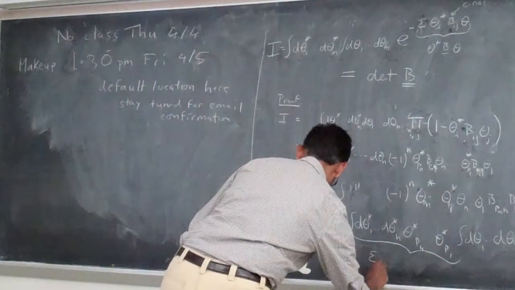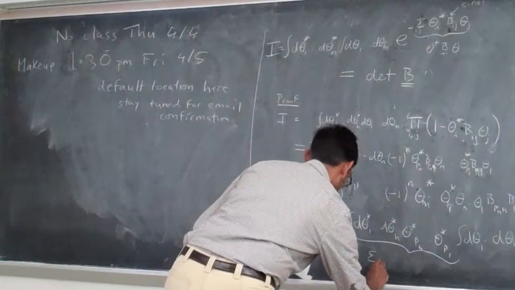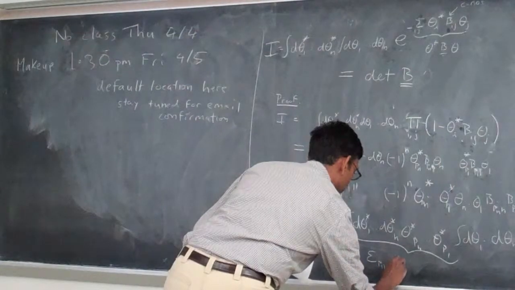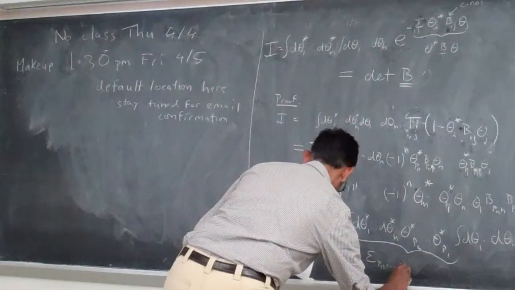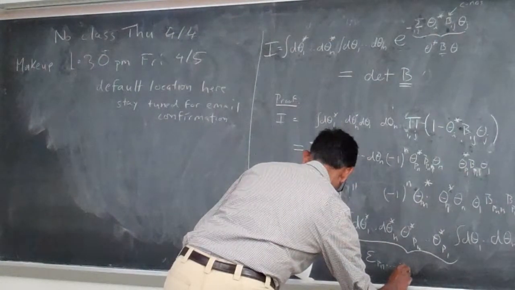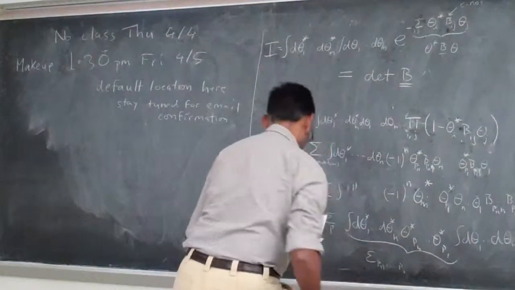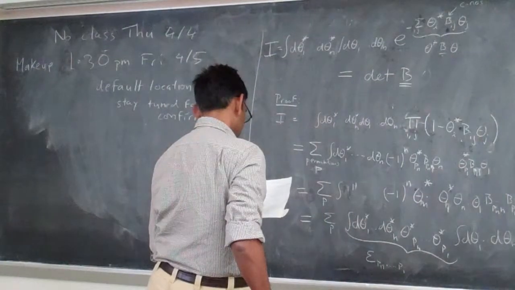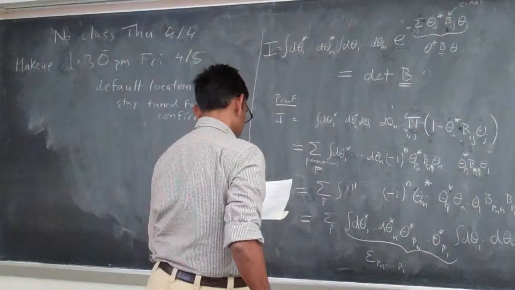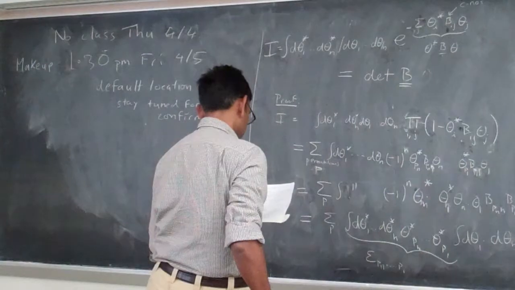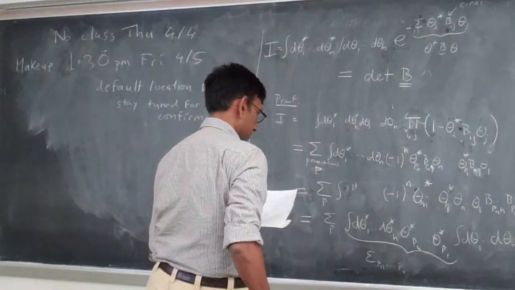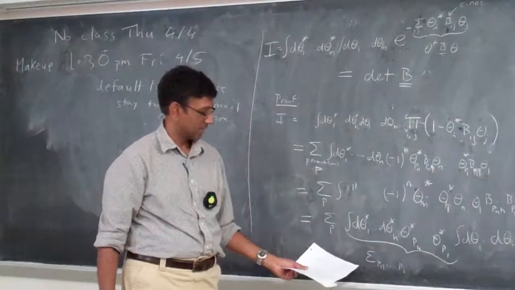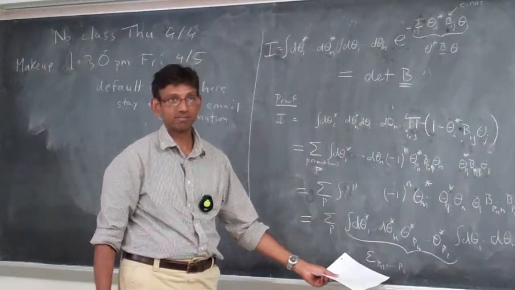The thing that's totally antisymmetric, copies of plus and -1, is just epsilon P1 to Pn. This is just the epsilon tensor in n-dimensional space.